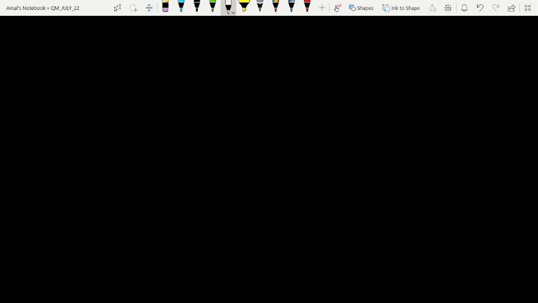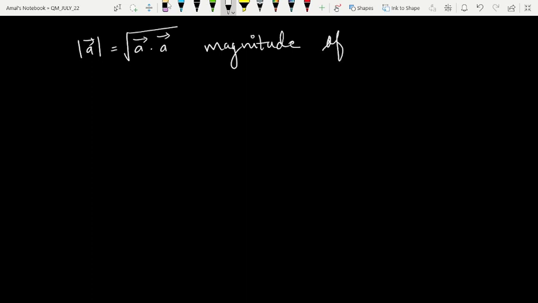The magnitude of a vector A is the square root of the dot product of A with A. Similarly, here we can define a similar quantity known as the norm of the vector.